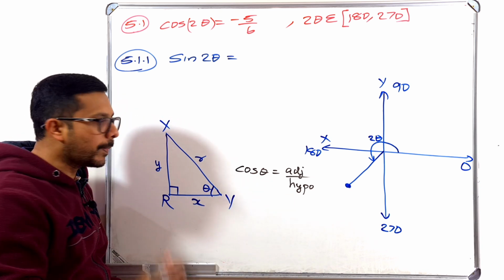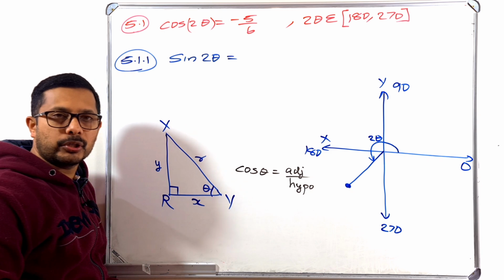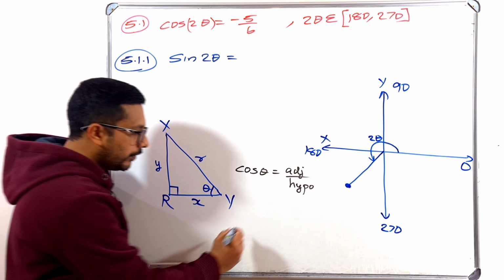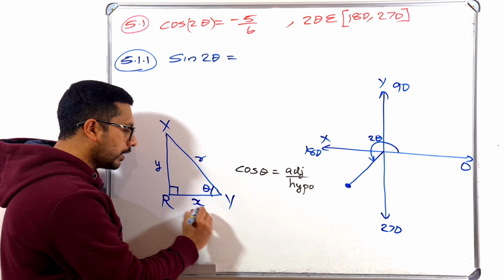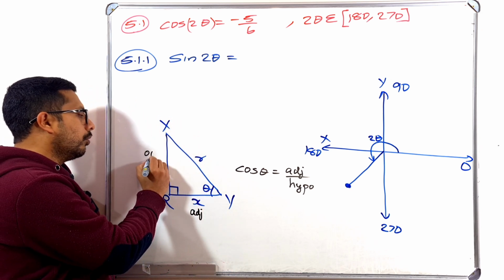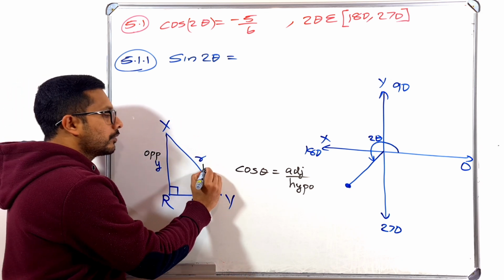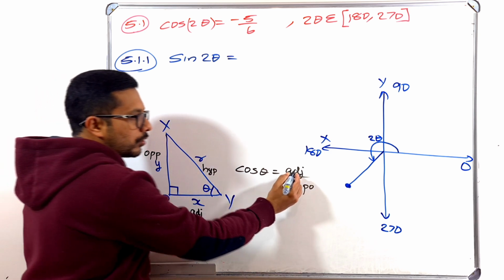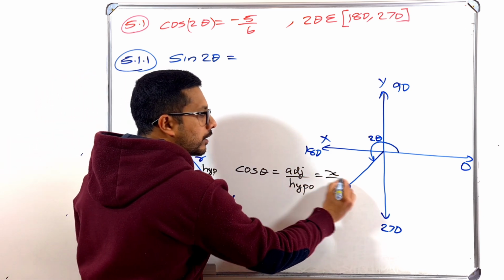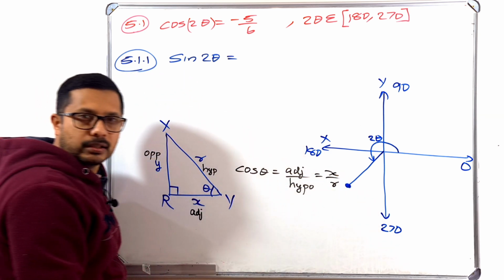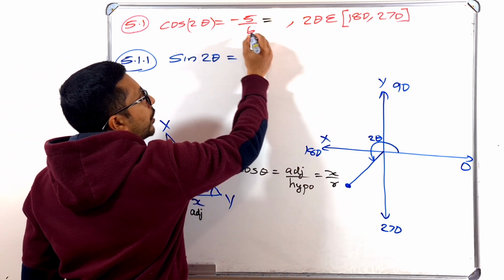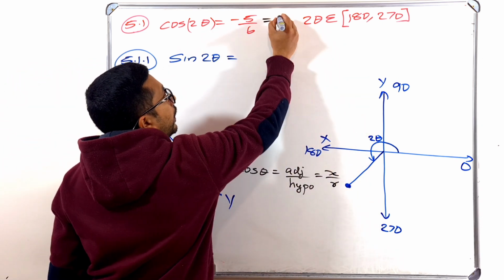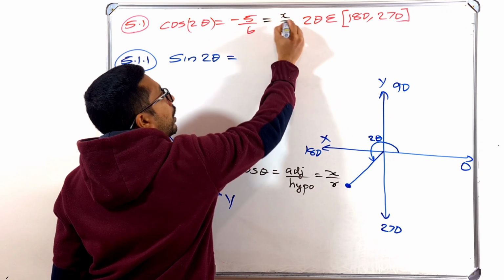Here x stands for the adjacent side, y for the opposite side, and r for the hypotenuse. So the given minus 5 over 6 stands for x over r.